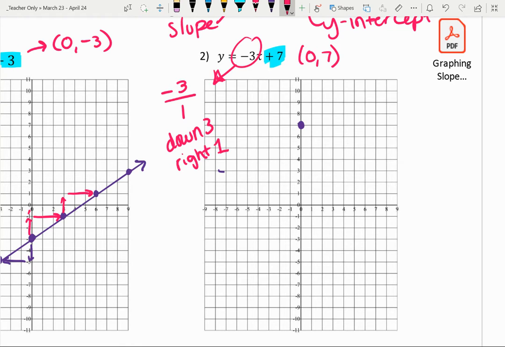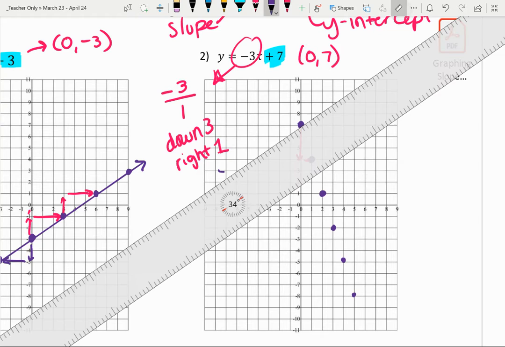Again, we're always going to go to the right. So down 3, right 1. And again, I only need 2 points, but if I feel better adding more than 2 points, I certainly can do that. Down 3, right 1, until I'm ready to grab my ruler.